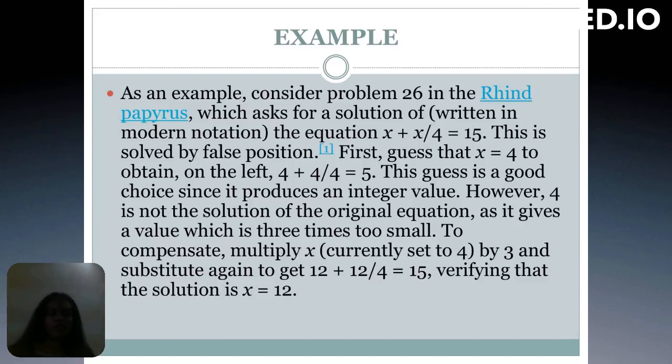Then the choice produces an integer value, and 4 is not the solution of the original equation, it gives a value which is 3 times smaller, so to compensate, multiply x by 3 and substitute it again, which means we get 12 plus 12 divided by 4, which is equal to 15. If we verify that, the solution is actually x equals 12.